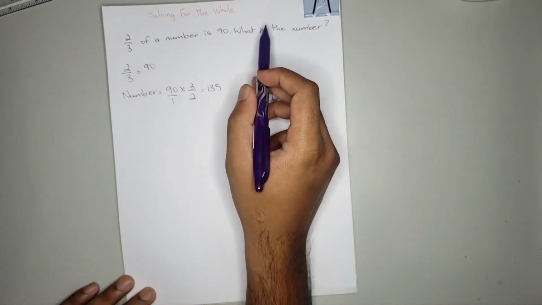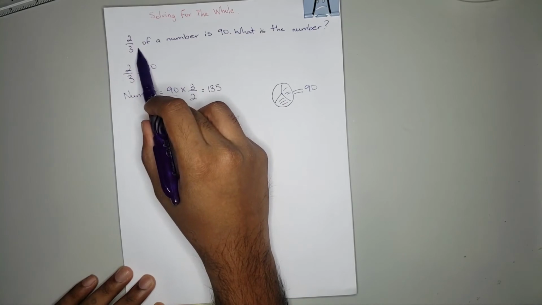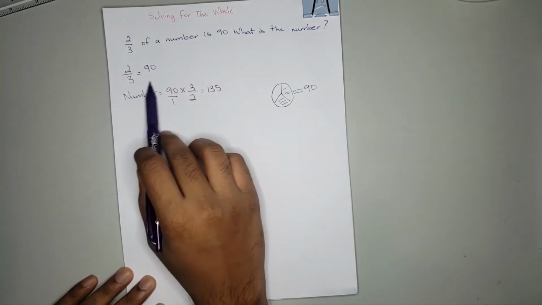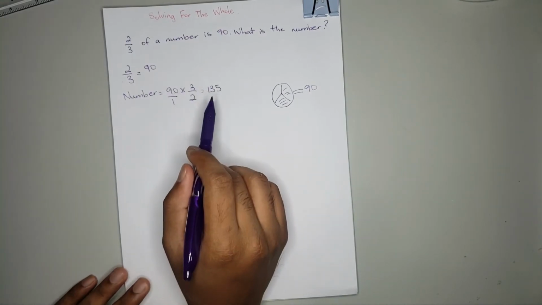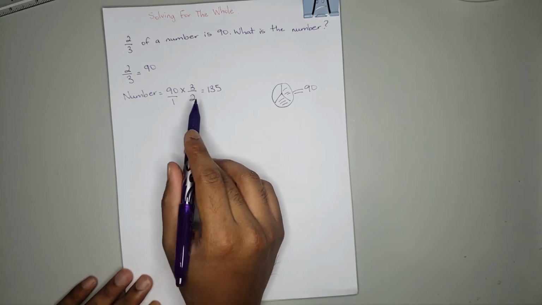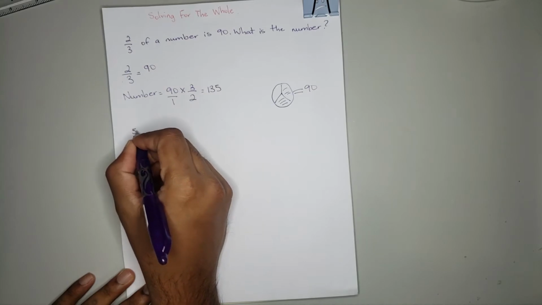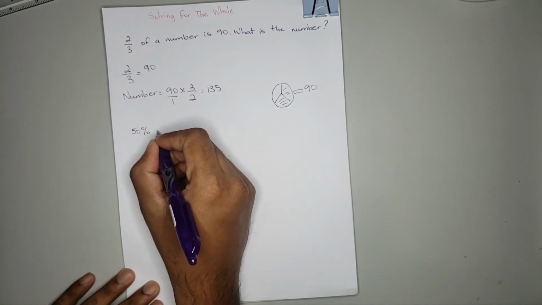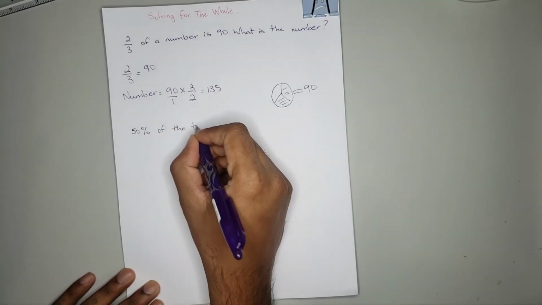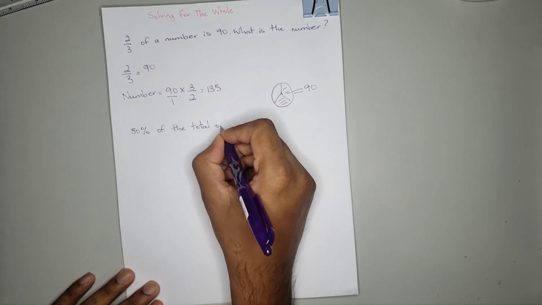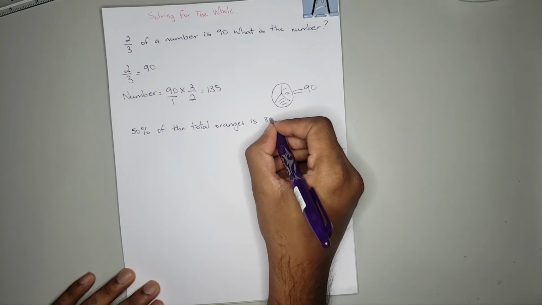So always remember, whenever you get a fraction, try to see what quantity it is equal to. And once you know what quantity it is equal to, then you will be able to calculate the whole or the total. Alright? And also remember, for example, let's say they had given you 50% of the total oranges is 80.